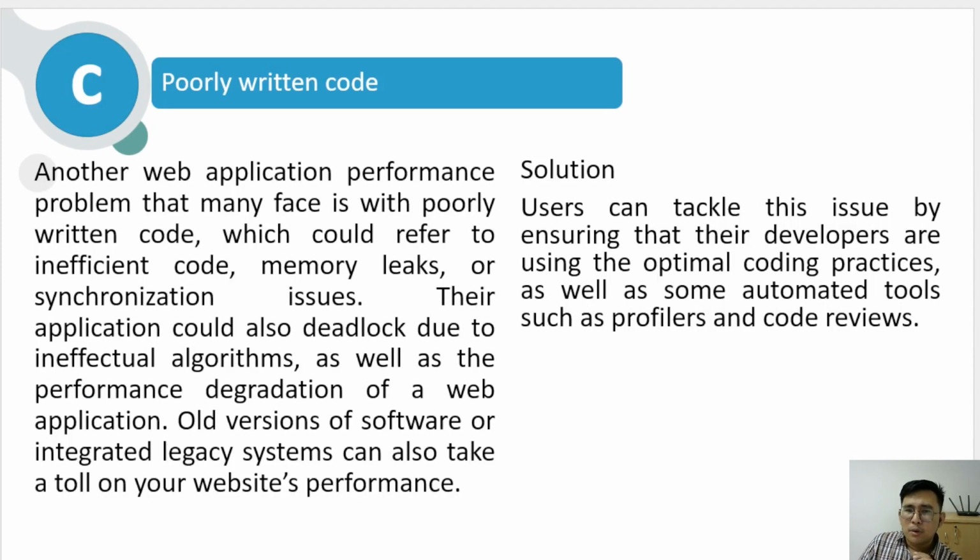The next one is the problem when we have inexperienced programmers or software engineers that write the code poorly. So another web application performance problem is when we take task by task in order to do small things rather than go straight forward with the coding.